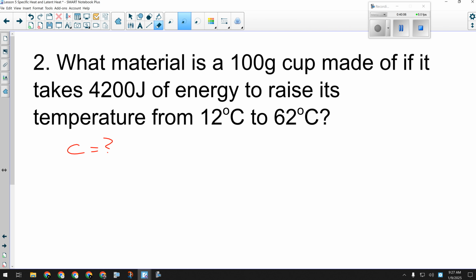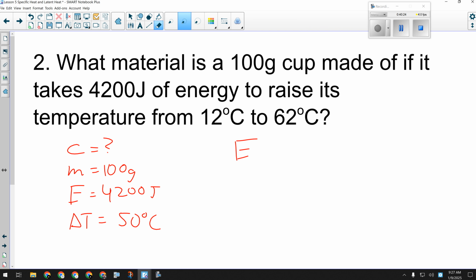Okay, so we're looking for C. We have the mass, it's 100 grams. We know that it's going to take 4,200 joules worth of energy, and we are raising the temperature from 12 to 62, which is a change of 50 degrees Celsius.